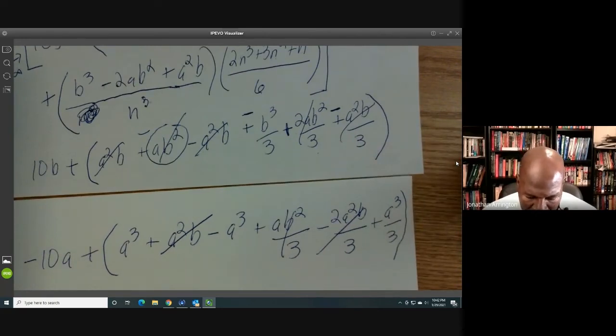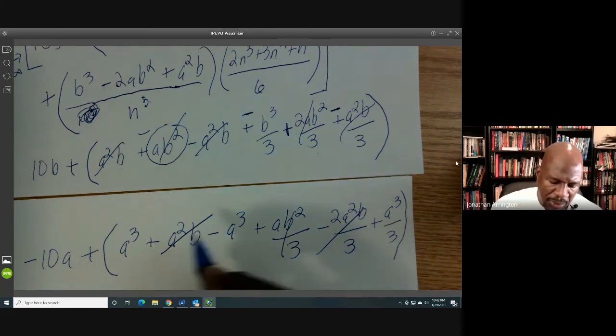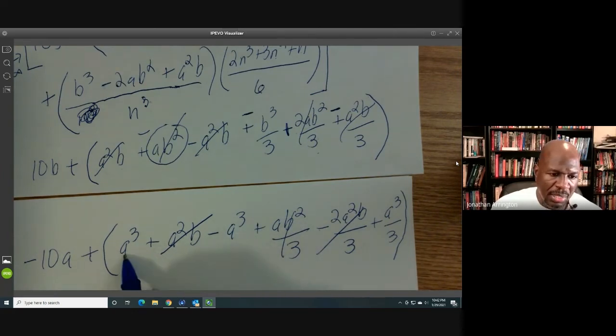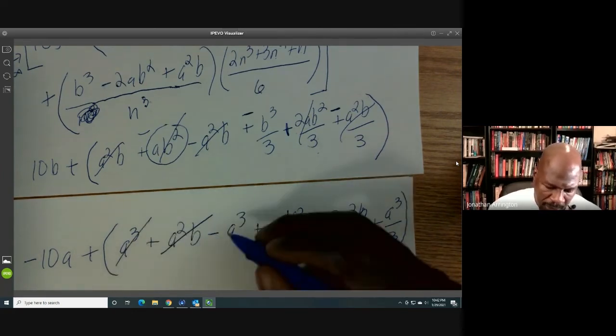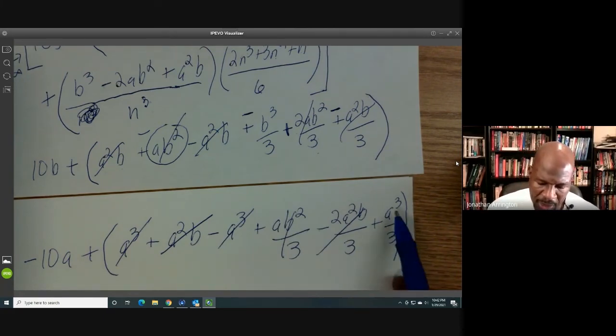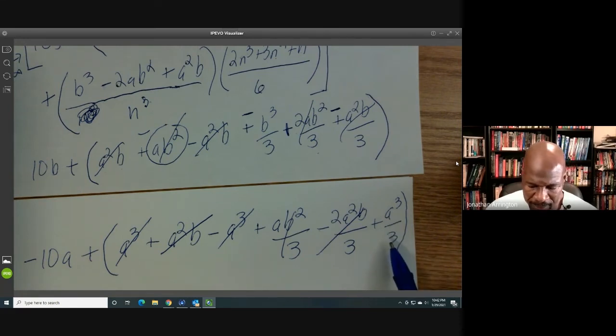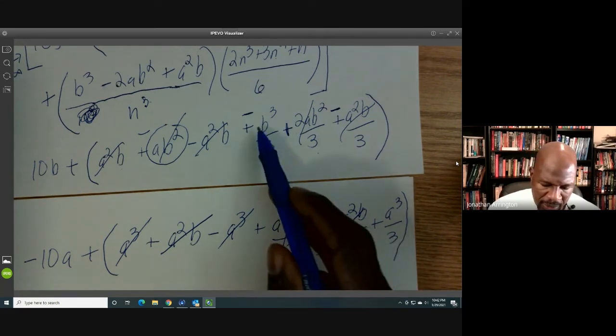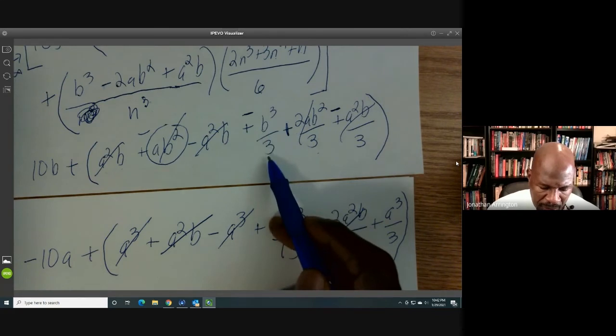And so what I have left, oh, these two cancel as well. You got an a cubed and a negative a cubed. Okay, they cancel. So the only guys I have left are this a cubed over 3, it's going to stay, and this negative b cubed over 3.